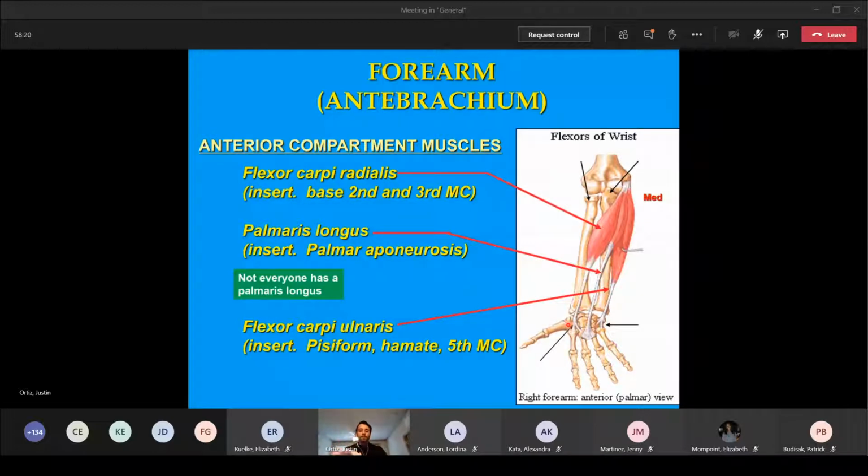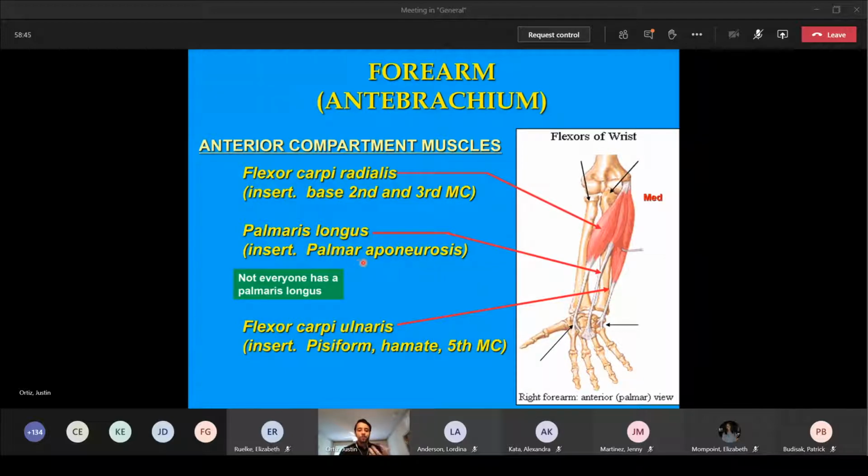You can turn your wrist side to side because of your flexor carpi radialis as well as your flexor carpi ulnaris, which is attached on the opposite side. So not only do they help with flexion, they also help with turning your wrist slightly to the side that they're on. But mostly it's just going to be a flexor, inserting at the base of your second and third metacarpal.